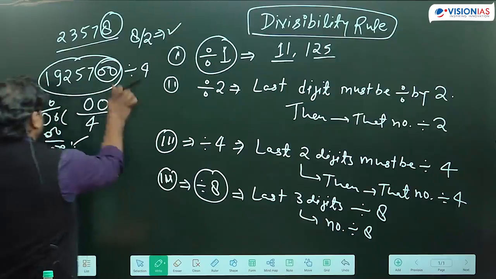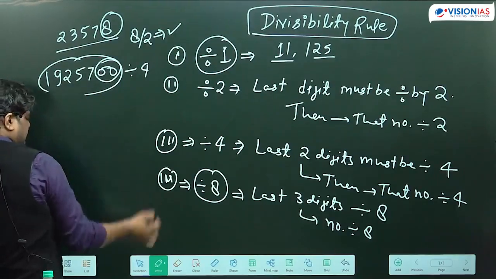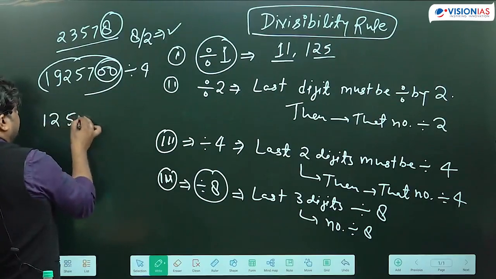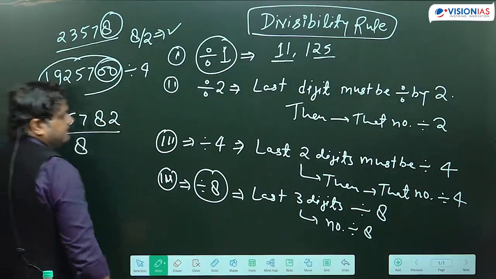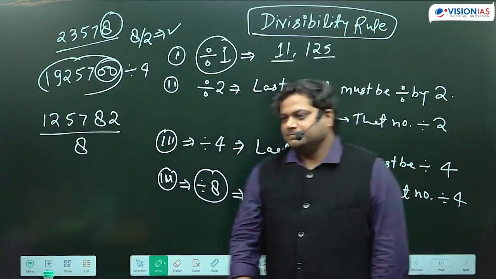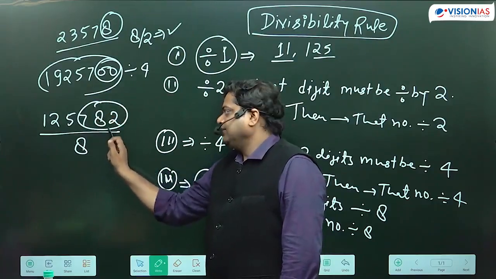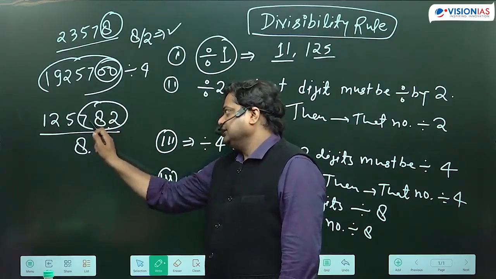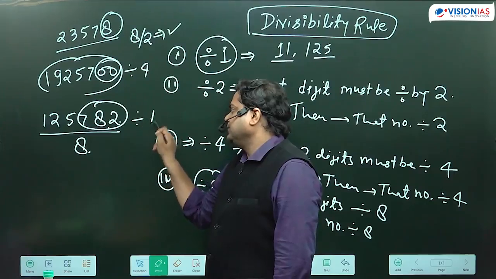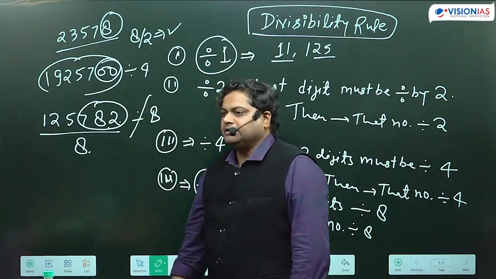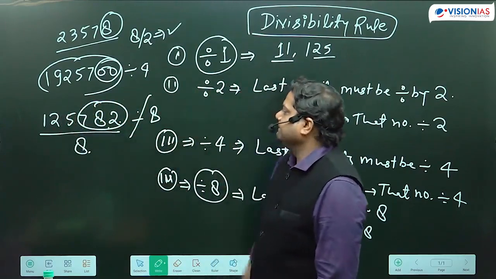So if I take any number 1 2 5 7 8 2, is this number divisible by 8? So last 3 digits will divide by 8. If this 782 is not divisible by 8, we'll say कि this number will also not be divisible by 8. अगर हो रहा है बोलेंगे ये नंबर भी 8 से divisible है.